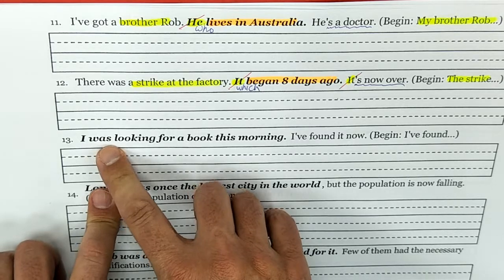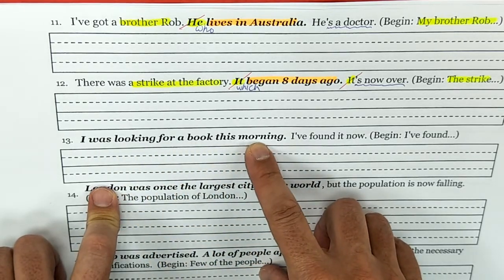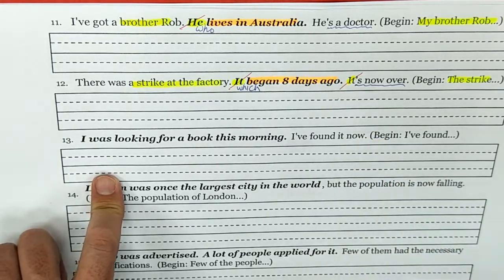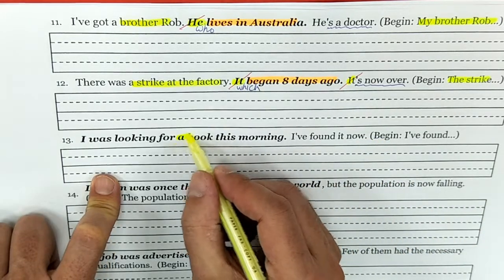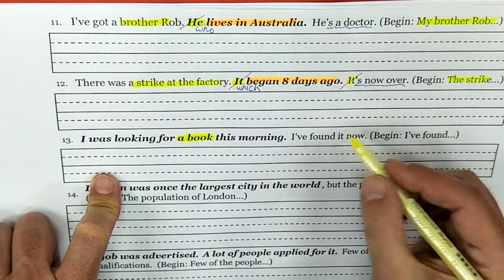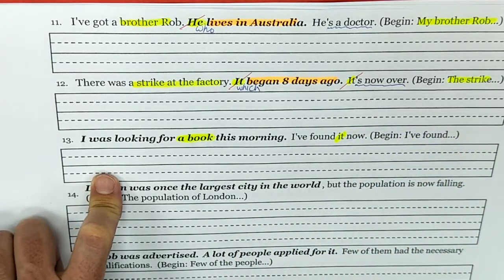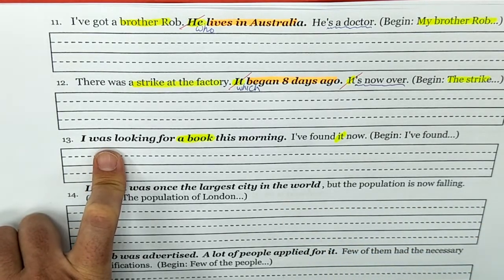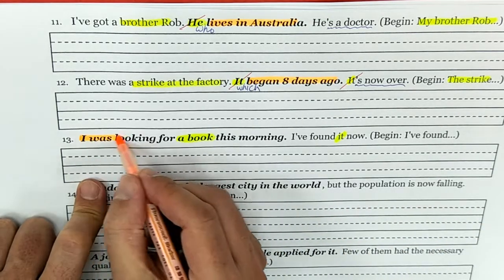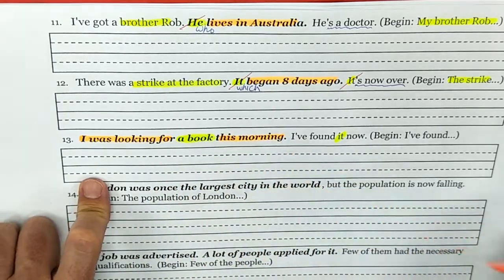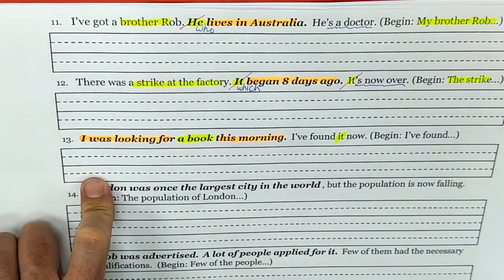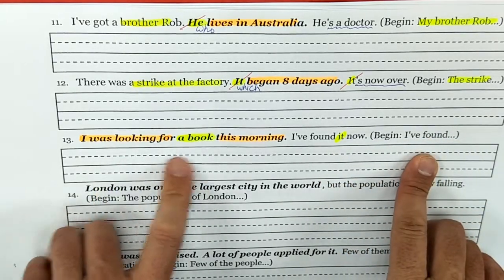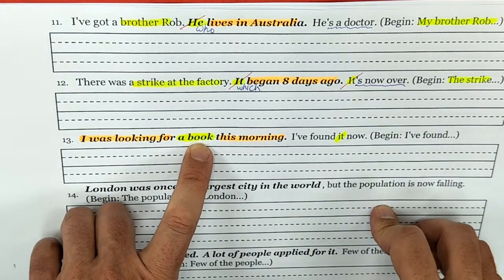Number 13, I was looking for a book this morning. I found it now. Okay, well, we have this book, right? And here's it, okay? And here we're talking about I was looking for this morning. That's going to be the adjective clause. Now this is a very tricky one. Now we know that a book is a thing, so it's very easy to know.